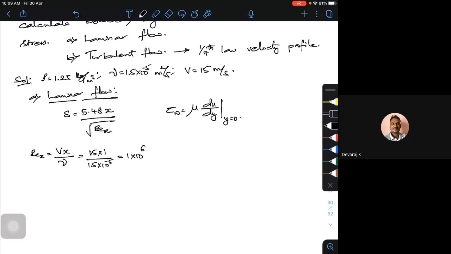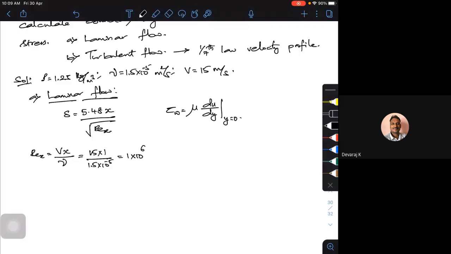So this is the Reynolds number actually. We have a threshold number where if the Reynolds number is greater than 5 into 10 to the power of 5, there is a transition to turbulent.